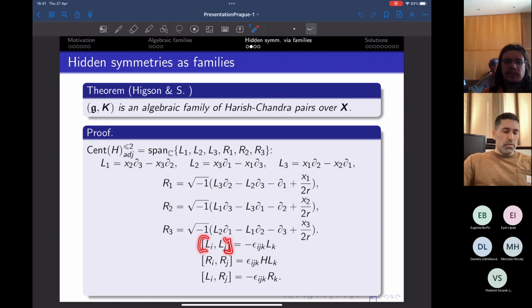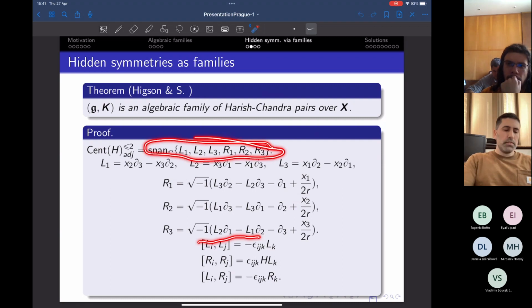The commutator of two rotations is a rotation. The commutator of a rotation and a Runge-Lenz component is again a Runge-Lenz component. But if you take a commutator of two Runge-Lenz components, then if it's not zero, you will get a rotation times this Schrödinger operator H. Namely, the span over C, this space, is not closed under brackets.